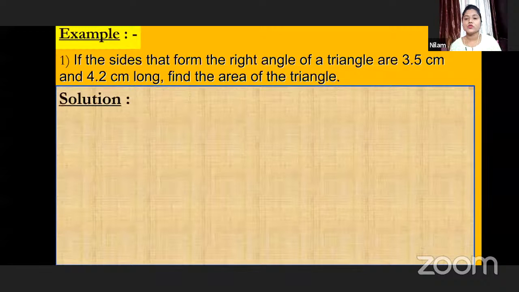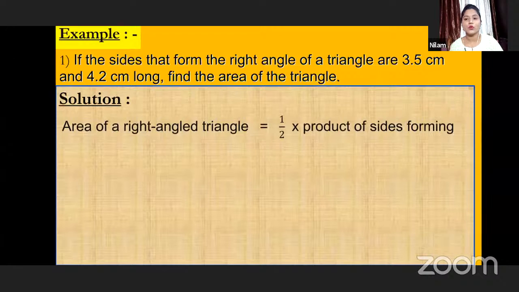So first we will write what is given in the question. Sides are given. So the formula of a right angle triangle is half times the product of the sides forming the right angle. Now which are the two sides? The two sides are 3.5 centimeter and 4.2 centimeter.